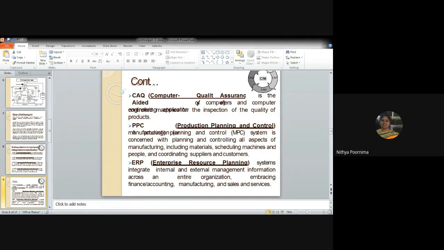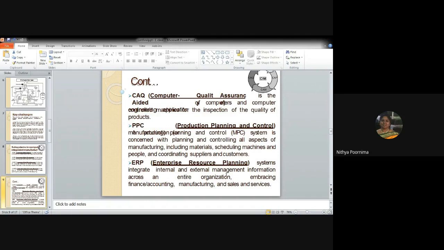Then you have enterprise resource planning. There will be a system which integrates internal and external management information across the entire organization. Suppose you have a manufacturing plant in Bangalore and Hyderabad. This enterprise resource planning enables the communication between these two.